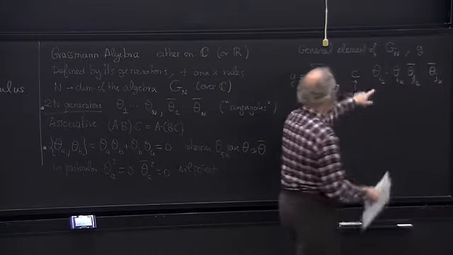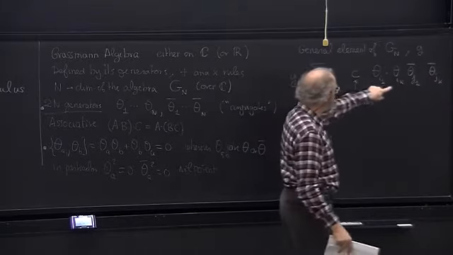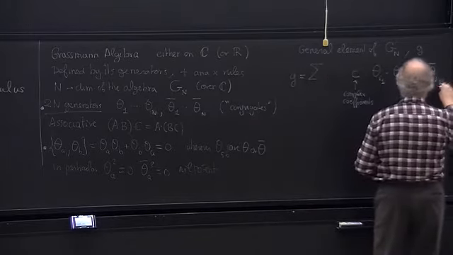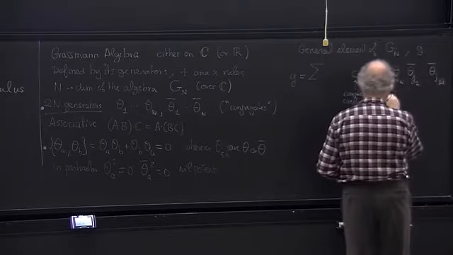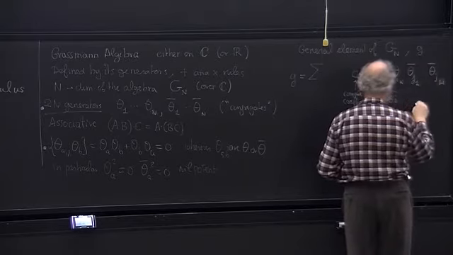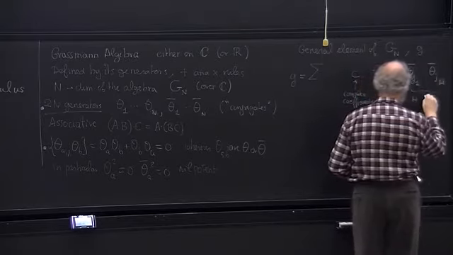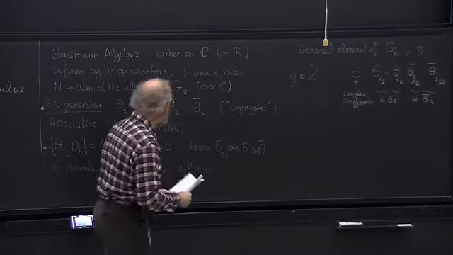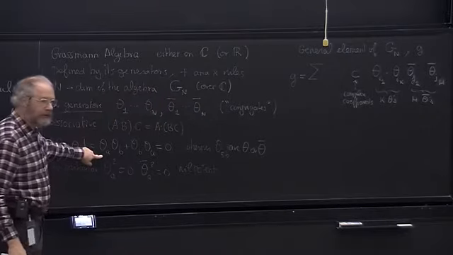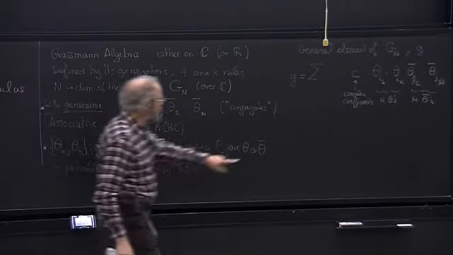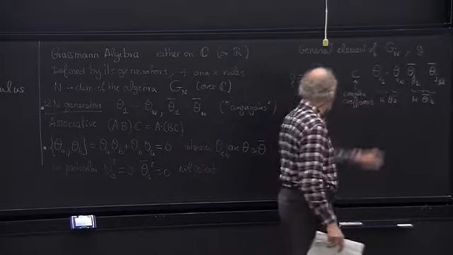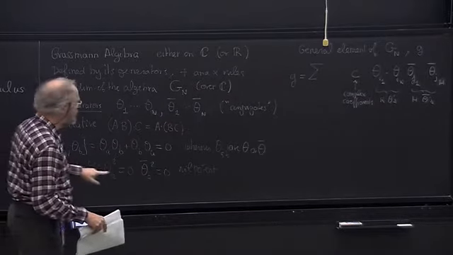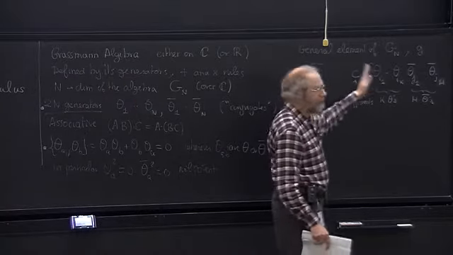So this is a particular linear combination with k thetas and h theta bars. Because of the anticommutation rules, when you have a product of 2 thetas or 2 theta bars, you can reorganize it so that the smallest index is to the left.